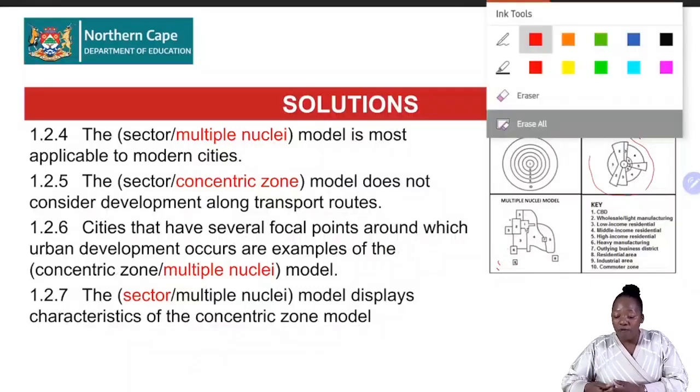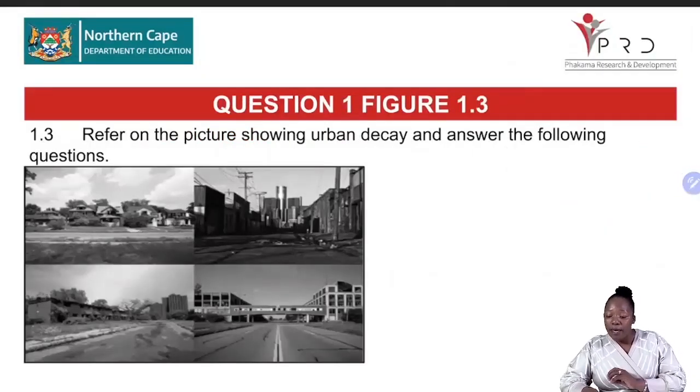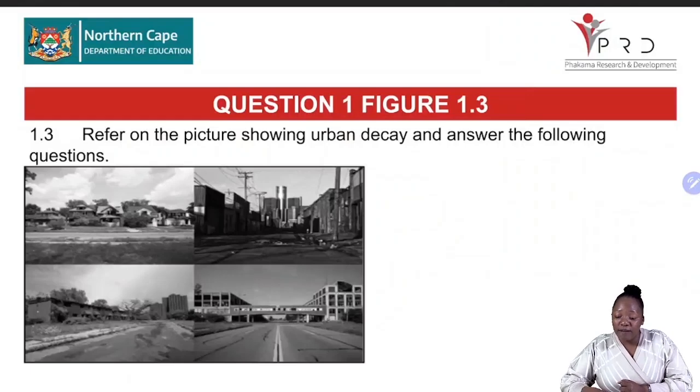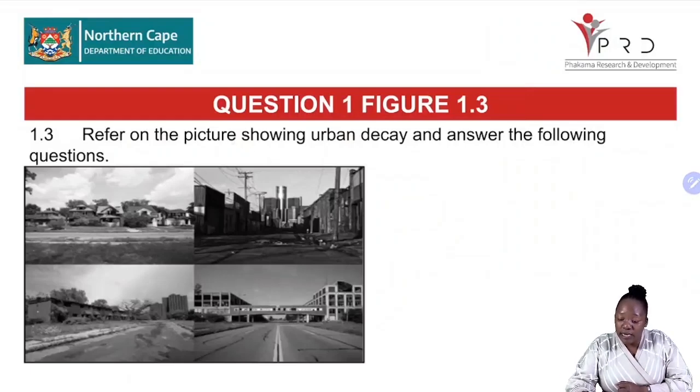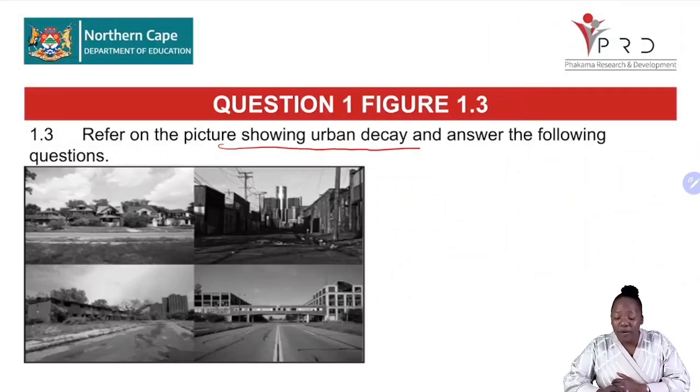Then we're moving right along to our figure 1.3. Remember in figure 1.3, 1.4, 1.5, it's where you will now have your short, your medium, as well as your high order questions. So 1.3, it says refer to the picture showing the urban decay. So by now you should ask yourself, what is the urban decay?